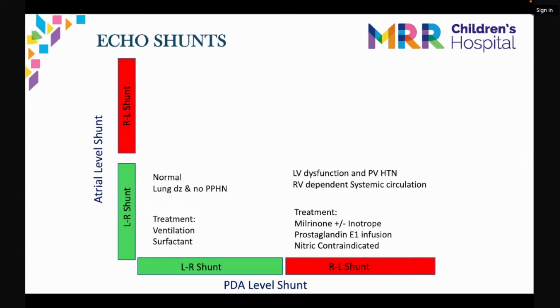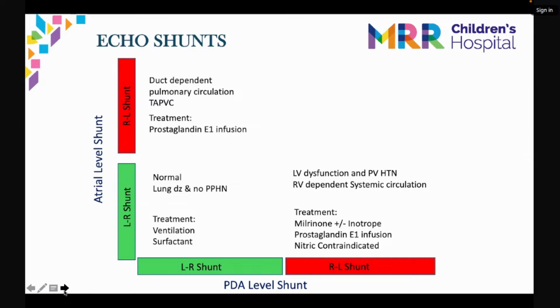So you would want to avoid nitric oxide in this condition because it will worsen the pulmonary venous hypertension. You might consider your PGE1 infusion to open up the duct, which works as a pop-off valve and relieves some of the pressure of your RV. And you might give milrinone plus or minus adrenaline for inotropy and to have some lusitropic effect.